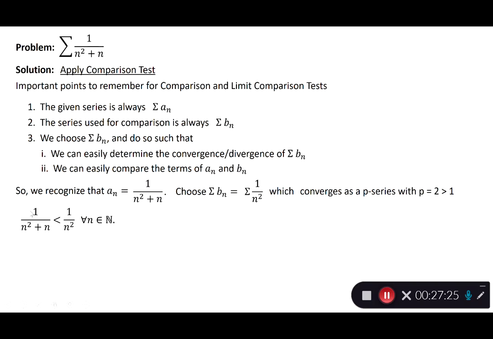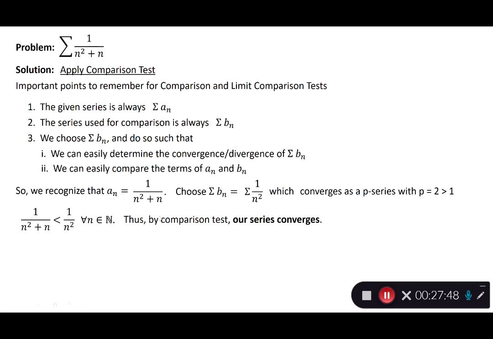And did we show that a sub n is less than b sub n for all n? Yes, we did. Guess what? Since sigma b sub n converged and a sub n is less than b sub n, we can now say sigma 1 over n square plus n, our series, also converges.